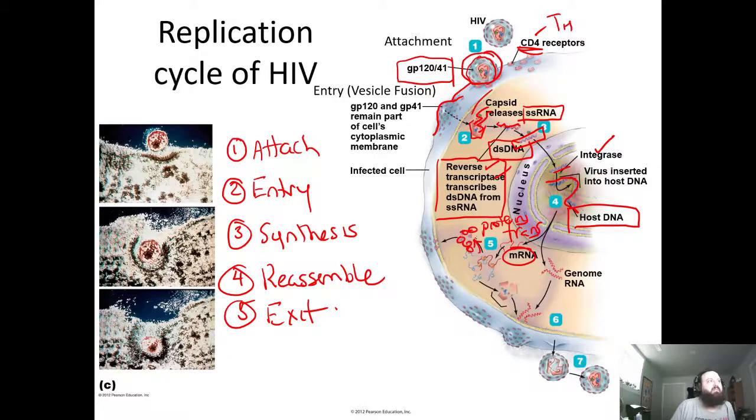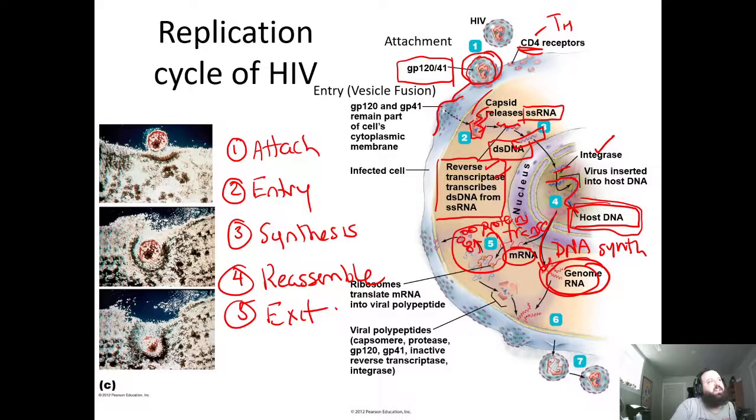All of those are going to be transcribed and then translated from the DNA that's embedded now in the host chromosome. You can also use DNA synthesis to generate more of the genome RNA. And now, since you have your viral proteins and your viral RNA, we can simply package them.